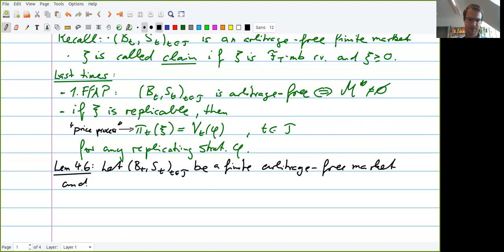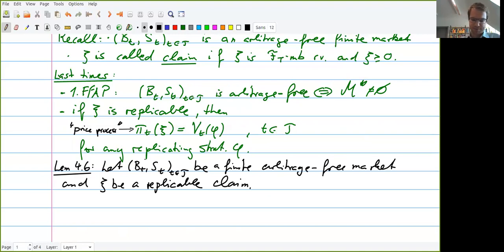And we want to talk about claims which are replicable, because there we had the idea of using the law of one price to determine this unique price process.